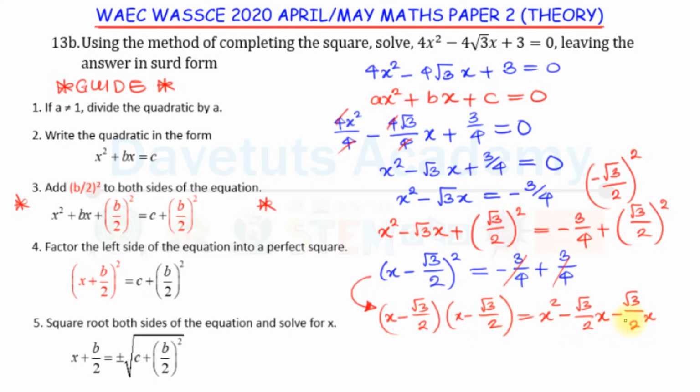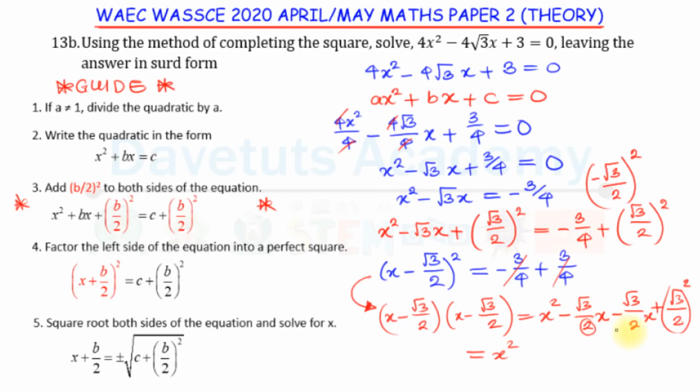The negative signs multiply to be plus, so we have root 3 over 2 all raised to power 2. You can see this expression is x squared, minus root 3 over 2 minus root 3 over 2.